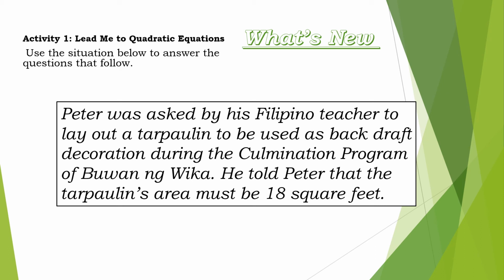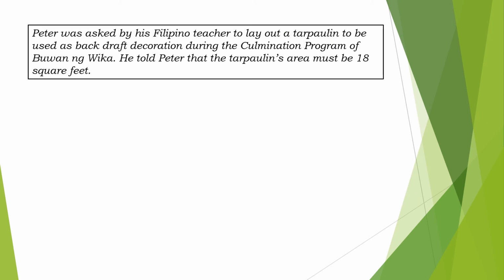So, napakasimple lang to. Napagputusan si Peter na gumawa ng tarpaulin as a backdrop with an area of 18 square feet. So, given the first question, draw a diagram to illustrate the tarpaulin.